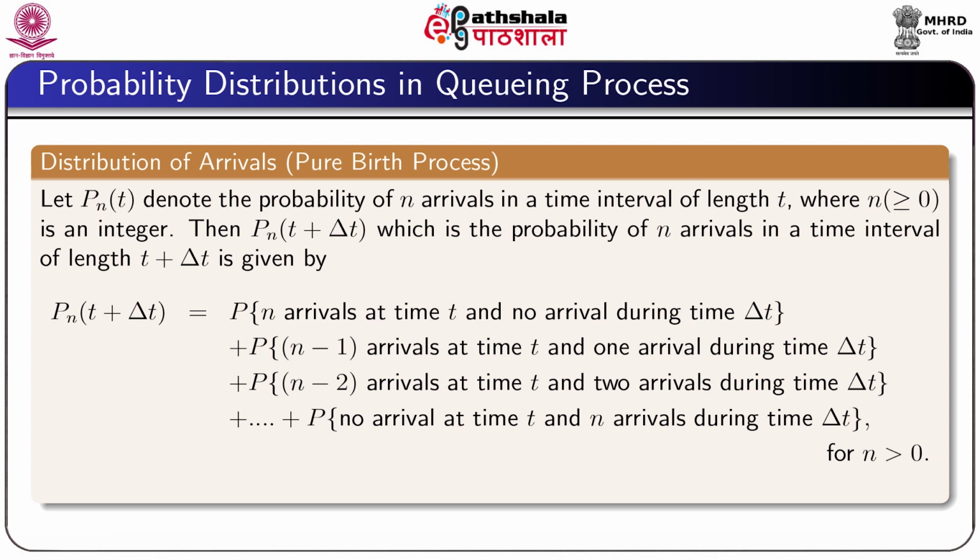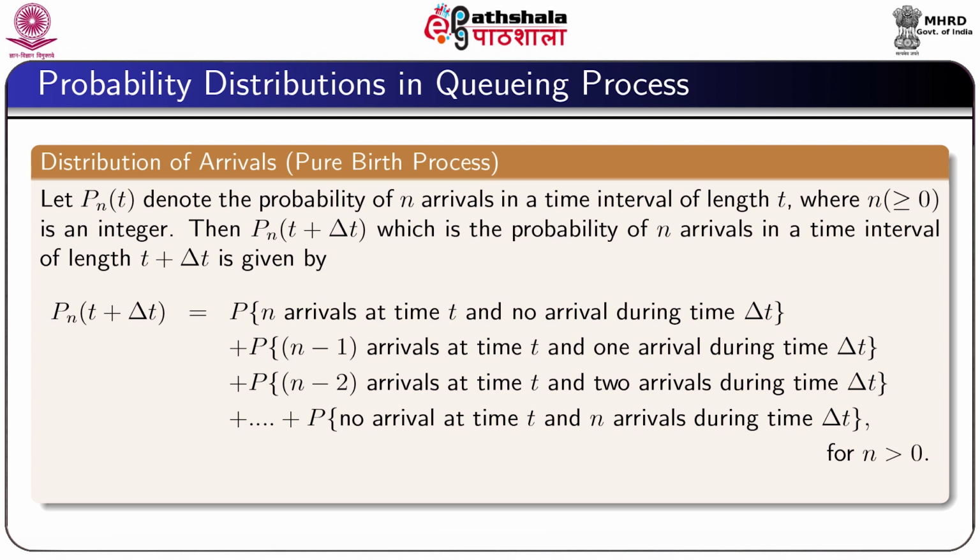Then P n t plus delta t, which is the probability of n arrivals in a time interval of length t plus delta t, is given as follows: P n t plus delta t equal to probability of n arrivals at time t and no arrival during time delta t, plus probability of n minus 1 arrivals at time t and 1 arrival during time delta t, plus probability of n minus 2 arrivals at time t and 2 arrivals during time delta t, plus and so on, plus probability of no arrivals at time t and n arrivals during time delta t.